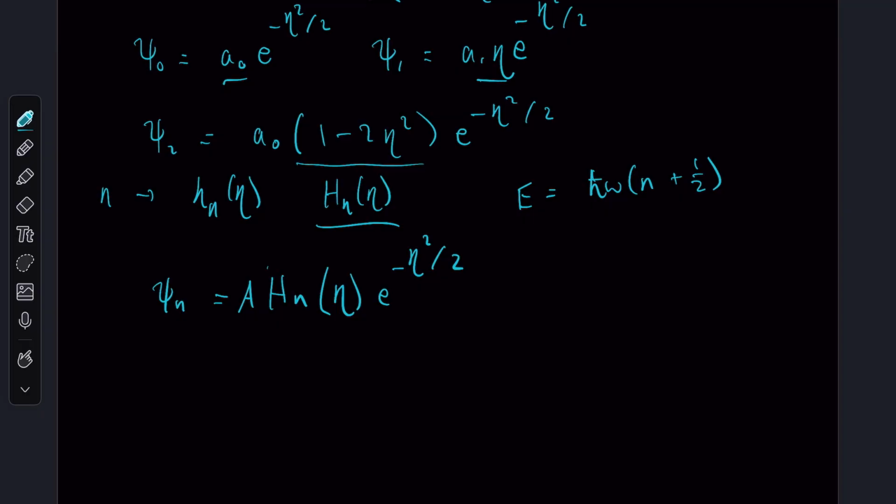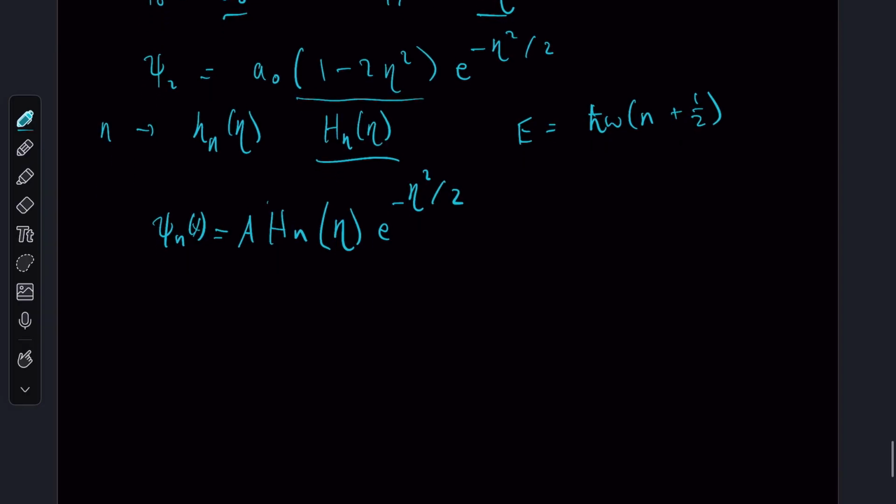Just like that, we've gotten our solution from an entirely different method, and now just plugging in our value for eta, which was mass times omega over h bar times x. See, this would have been in terms of eta, and this one in terms of x.